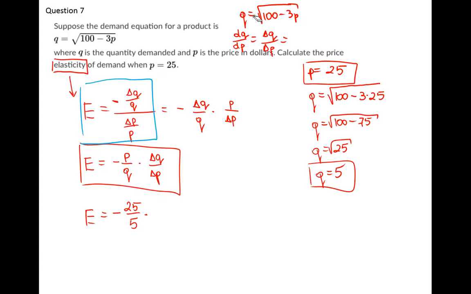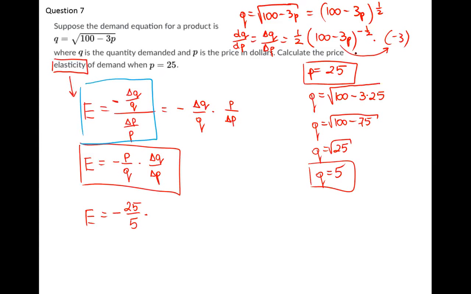Hopefully we remember how to compute the derivative of 100 minus 3P taken to the power of half, because square root means half in the exponent. I will use the chain rule. That means half in front times the same quantity, taken to the power of negative half, because I have to subtract 1 from 1/2, and times the derivative of the inner function, which is negative 3.